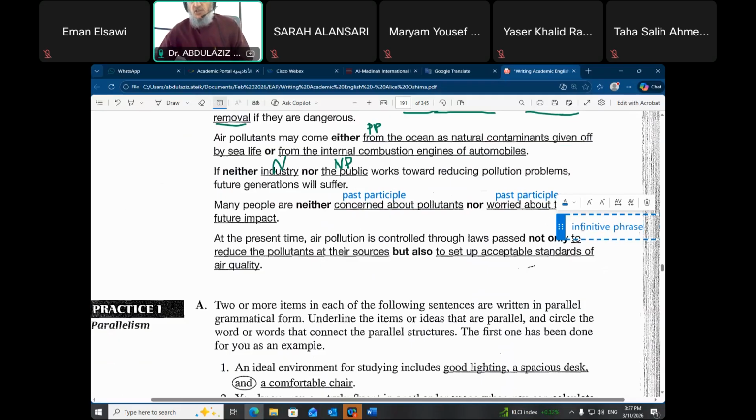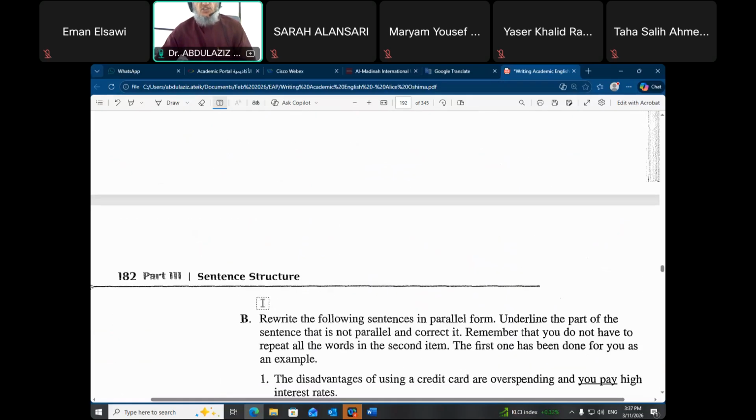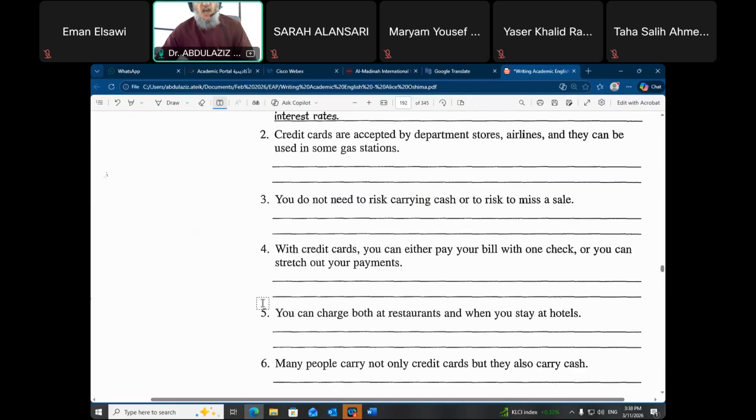And the other one is also an infinitive phrase: but also to set up acceptable standards for air quality. So you can see here that these are parallel structures. Now let's go to sentence structure, to sentence errors.